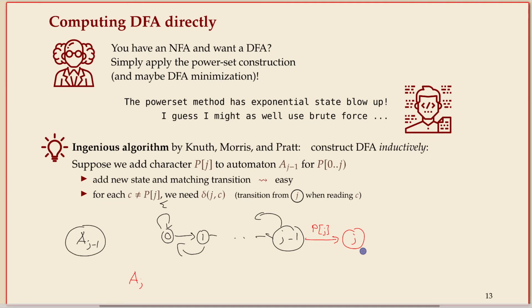And we also need the failure arcs. So remember here in the previous automaton, these were not really there. Instead, they were loops on the accepting state. Sorry, I have to make the picture a little bigger.